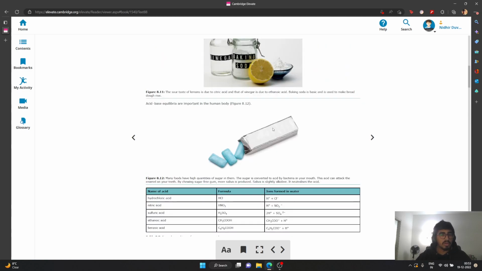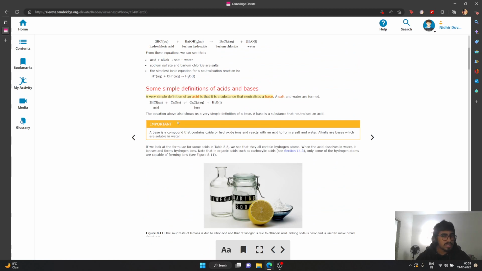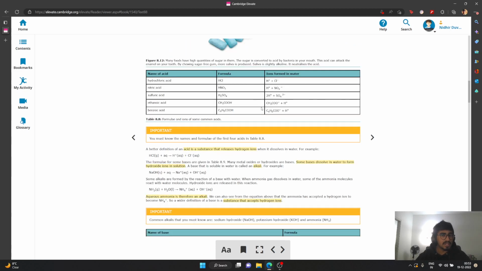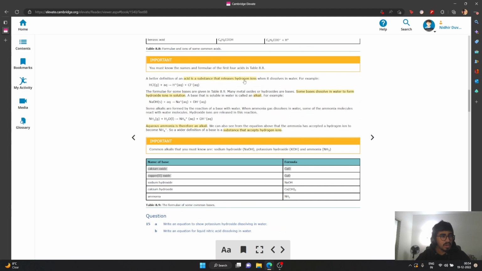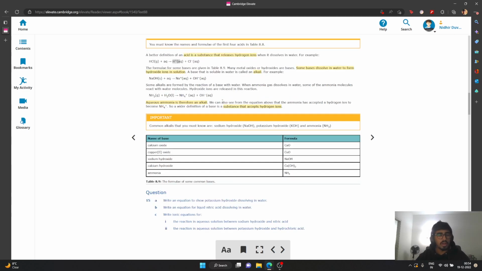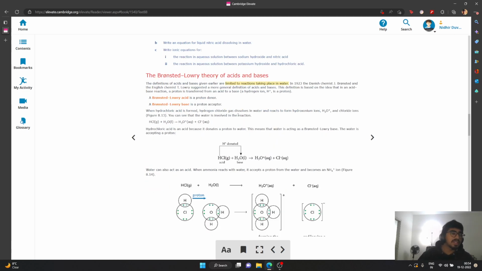The first theory was that whatever neutralizes an acid is a base. Then we defined acids as hydrogen ion donors and bases as OH minus donors. The third thing we talk about is the Bronsted-Lowry theory, which does not require this aqueous medium.